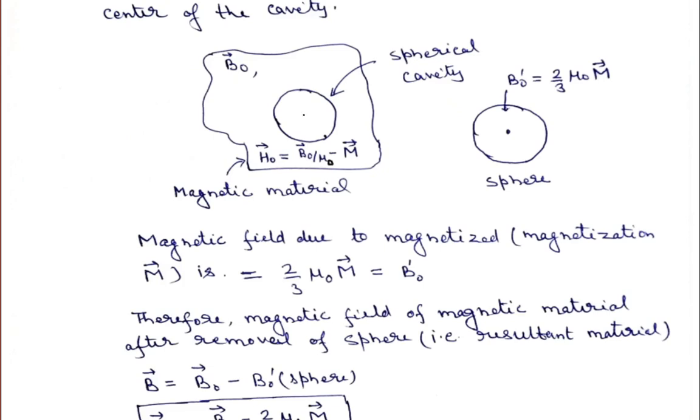Then it is asked in the problem to find out the magnetic field vector B and magnetic field vector H at the center of the cavity. This is the problem.